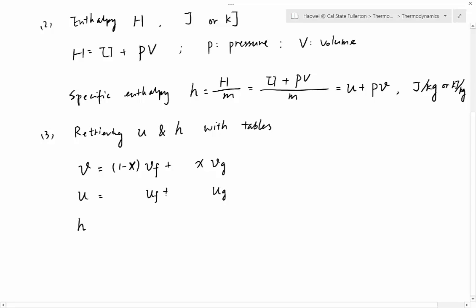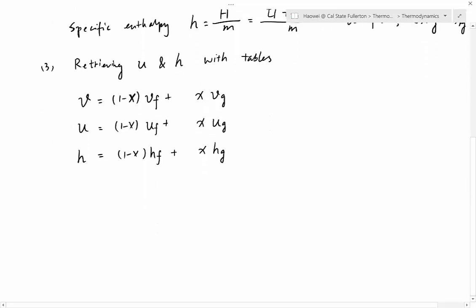How much do we have for the vapor? That's the quality, x. And how much liquid do we have? That's the rest, 1 minus x. Same equation for h: 1 minus x times hf plus x times hg. So if you have a mixture and you're looking for nu, u, or h, you can use those equations.